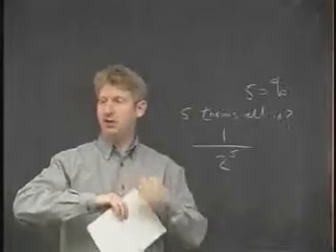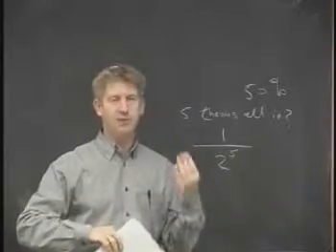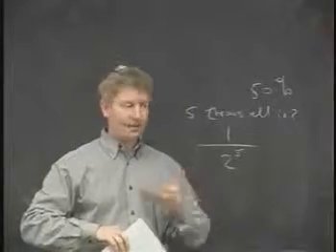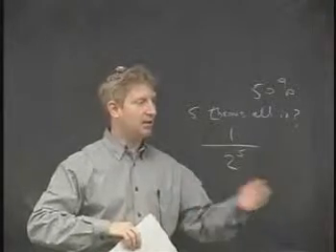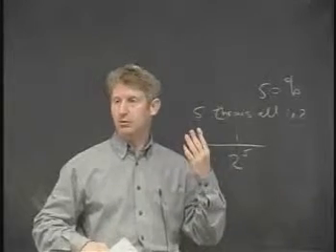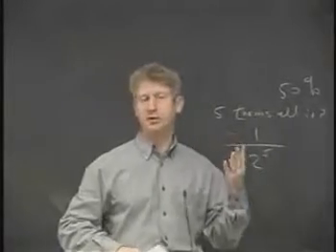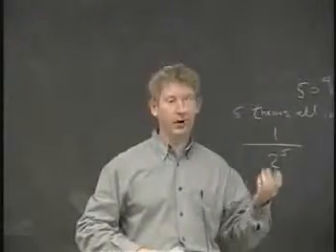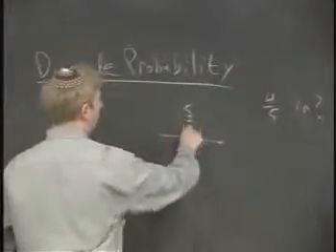Or another way to look at it, the same kind of idea, but a complement. If I have a sequence of 5 and I want 4 of them to be hits, I got 5 spots, and think of the hits as ones. I want to know how many ways there are to choose 1 miss or to choose 4 hits. 5 choose 4 or 5 choose 1. So I'll put 5 choose 1 here.